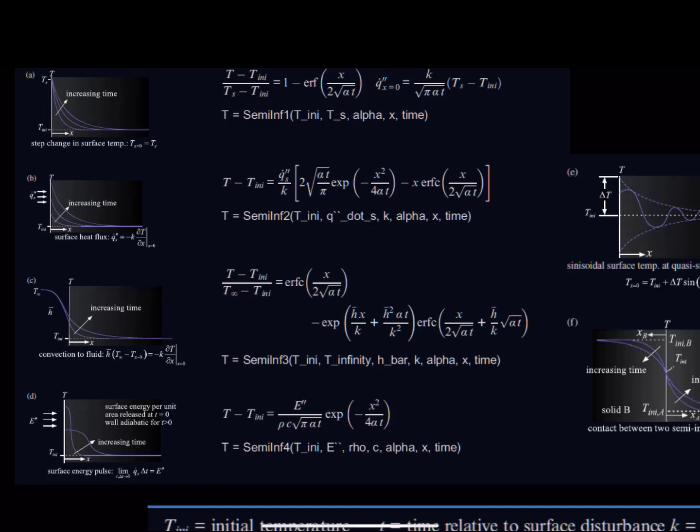So the important thing is to note that as long as the thermal wave has not reached the other end of the domain, even if that's a very thin plane wall, as long as it hasn't reached the other side of the domain, it behaves as if it's a semi-infinite problem. Once that wave has reached the other end, then you have to go to different solutions.